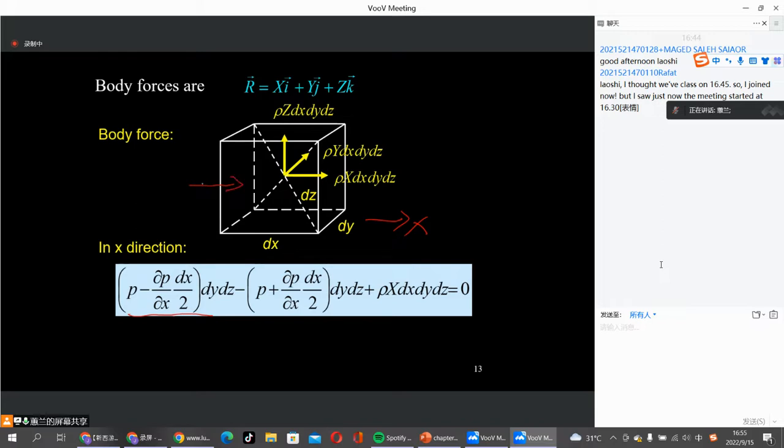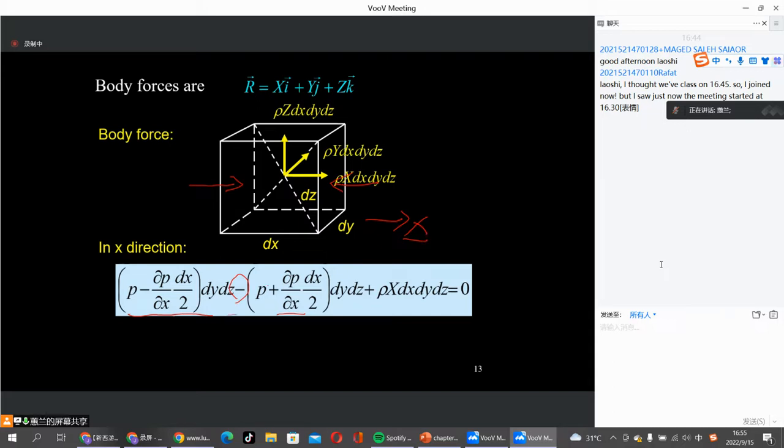This is the pressure force acting on the left surface, right? And this one is acting on the right surface, okay? And that's why here we have a minus, because this force is opposite to the positive x-axis.